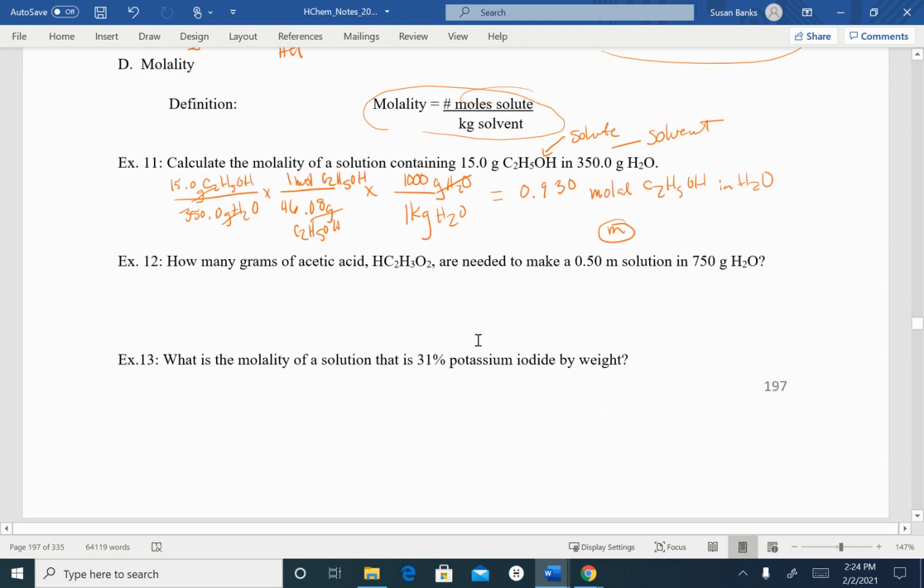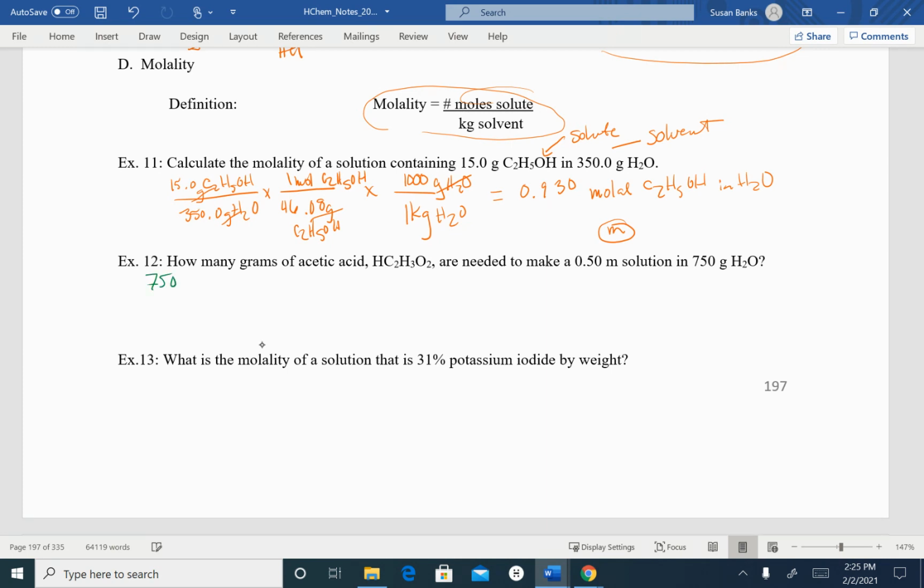Okay, let's do molality now. Molality is moles of solute per kilogram of solvent. So how many grams of acetic acid are needed to make a 0.5 molal solution in 750 grams of water? The thing that we want to start off with here is our grams of water.